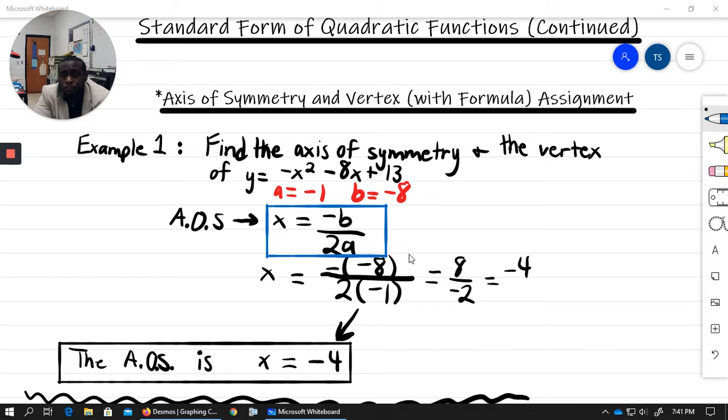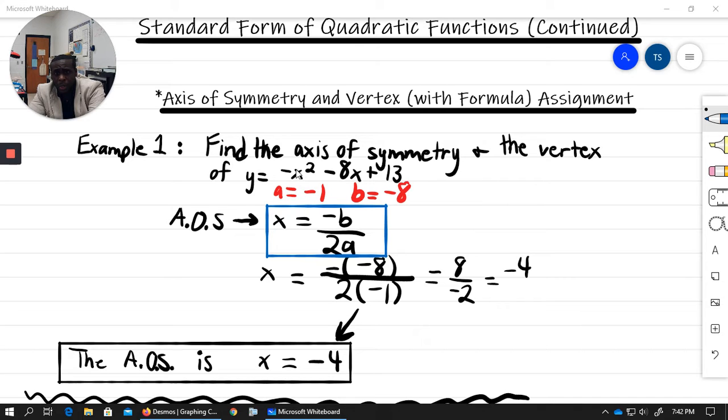So again, guys, to find the axis of symmetry, we need to use the formula x equals negative b divided by 2a. Remember that first we have to identify what our a value is and what our b value is. You don't even have to identify the c value here.